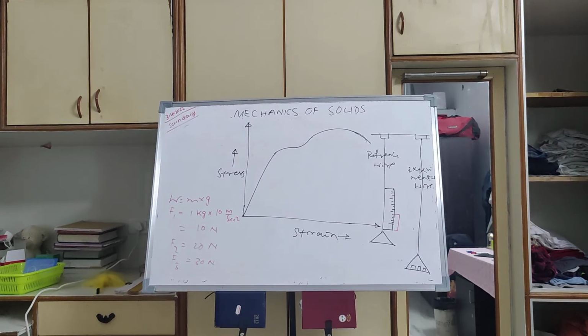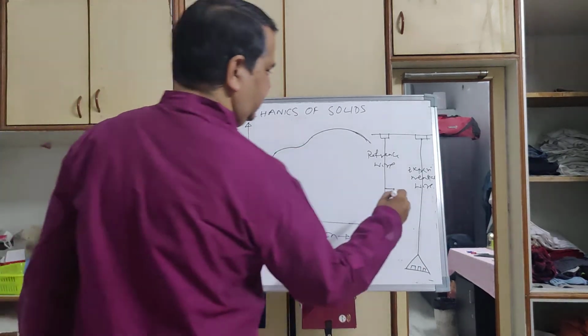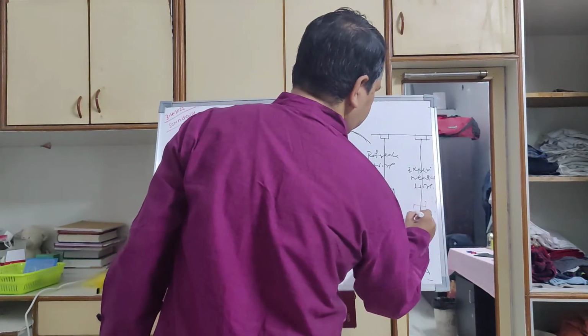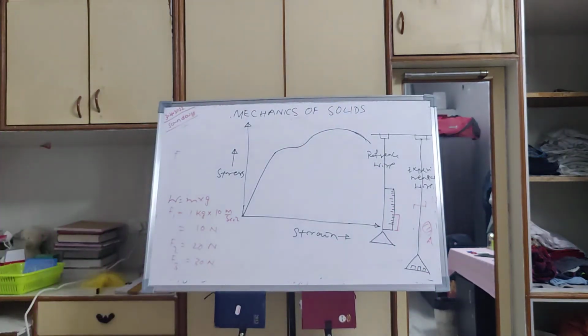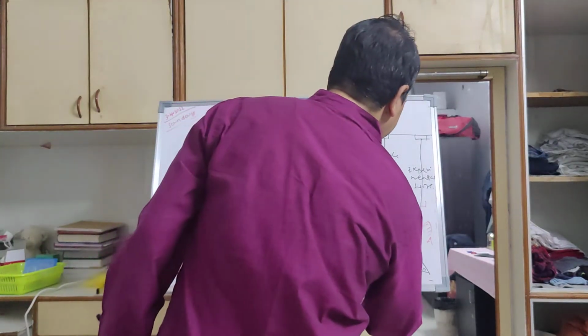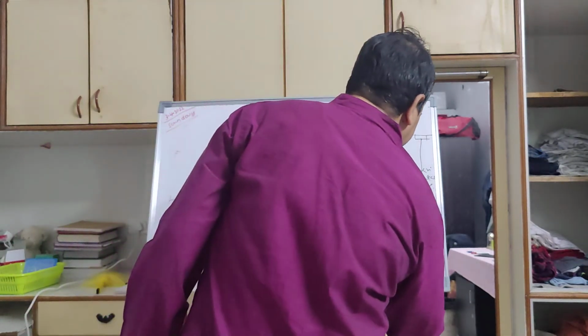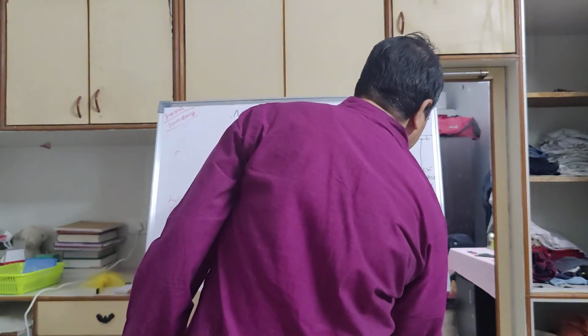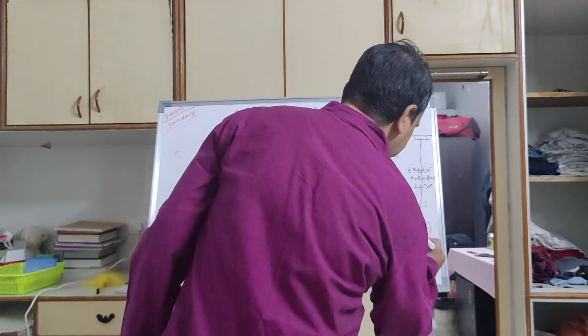By putting more and more weight, you are putting more and more stress, and you can measure the deformation. The wire will have some cross sectional area A, and its original length is L. As you keep on putting weight, the length will increase by some amount.